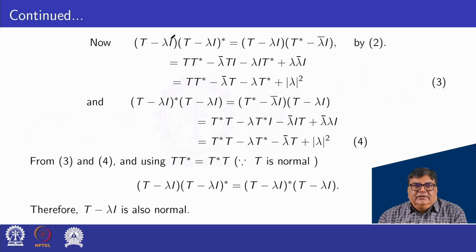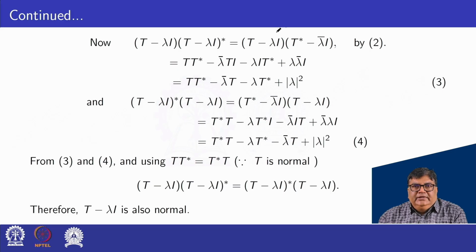Now (T − λI)(T − λI)*. So (T − λI) into (T* − λ̄I), putting the value of (T − λI)* from equation 2.